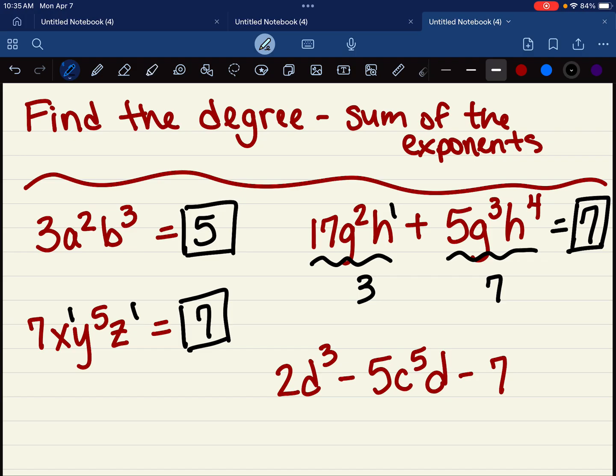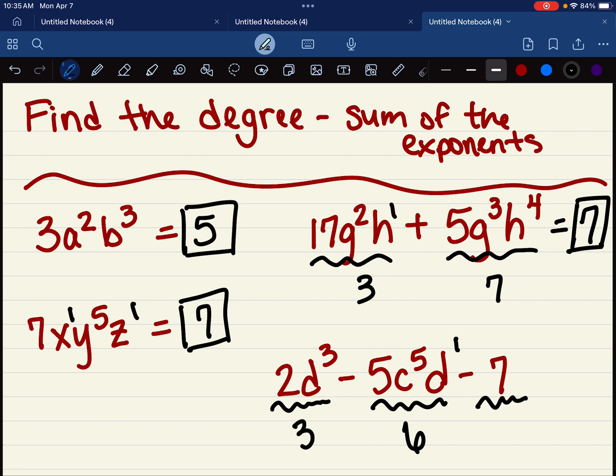Okay, what type do I have here? Monomial, binomial, or trinomial? Say it. Trinomial, right? Because I have 1 term, 2 terms, 3 terms, separated by subtraction. Okay, so first we're going to identify the degree of this first term here. 3. What's the degree of my second one? Okay, good, because d has 1, so 6.